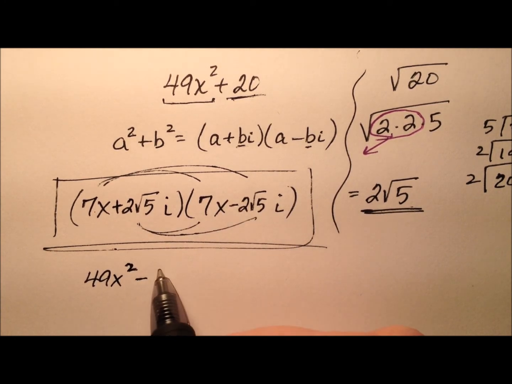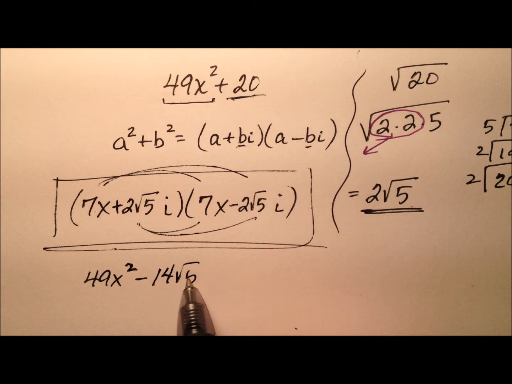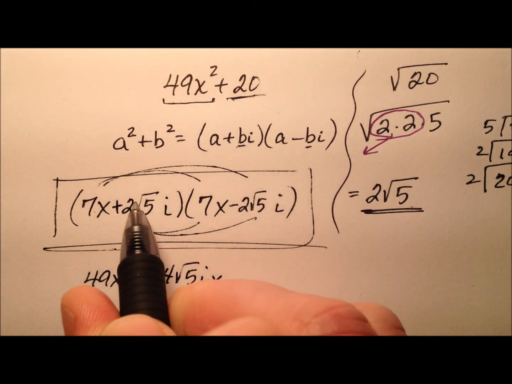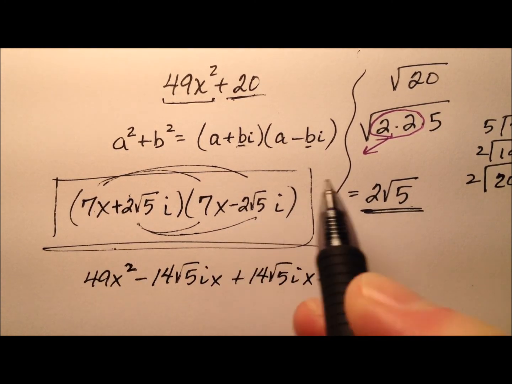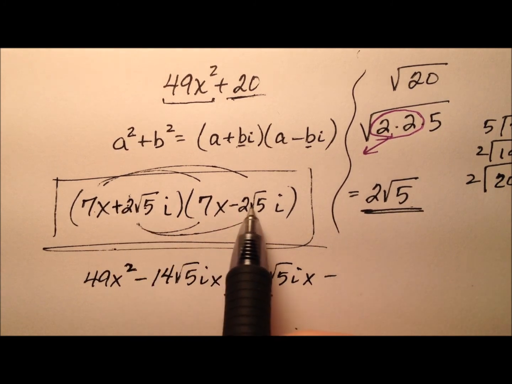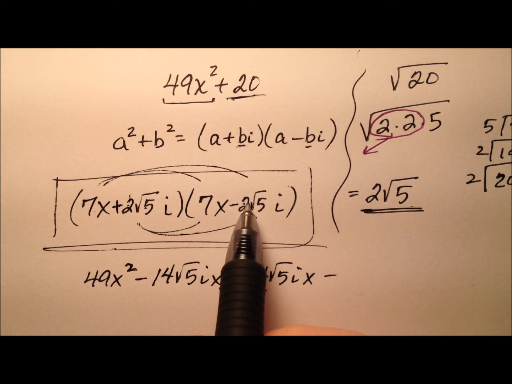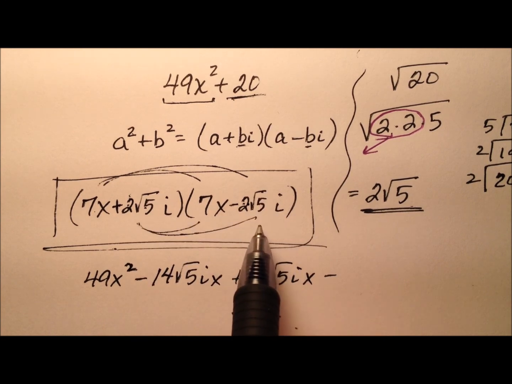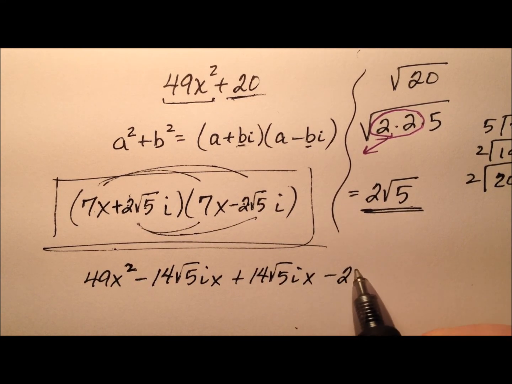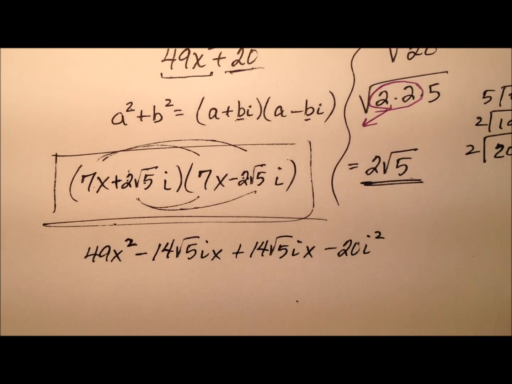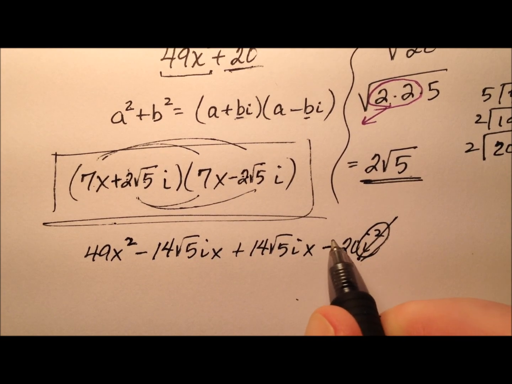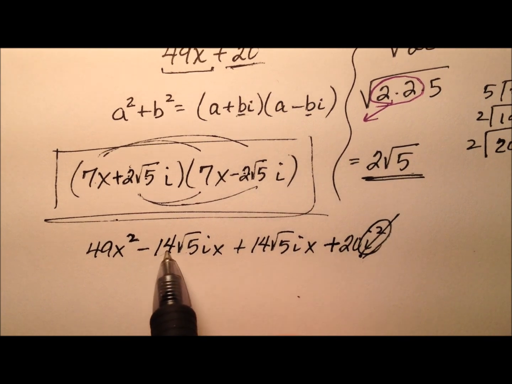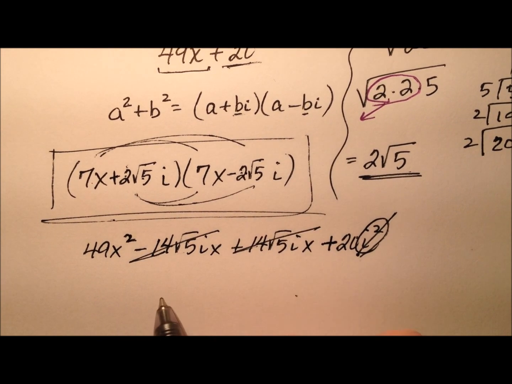So negative 14 radical 5ix, and then we have a plus 14 radical 5ix, and then minus 2 radical 5 times 2 radical 5. 2 times 2 is 4, radical 5 times radical 5 is 5, so 4 times 5 is 20, i squared, and of course i squared is negative 1, so it'll change this negative to a positive. And these middle terms cancel, which is perfect.